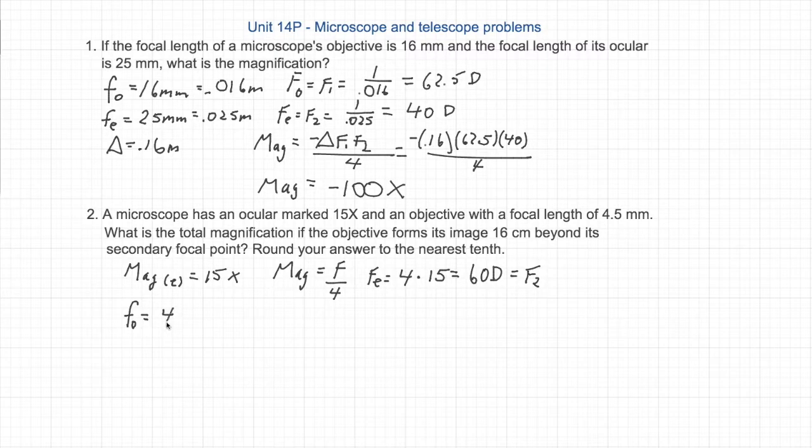The focal length of the objective we're given is 4.5 millimeters. We convert that to meters, 0.0045 meters. And we can calculate the power of the objective with the formula power equals 1 over the focal length in meters. This will be f1 in our microscope magnification formula.